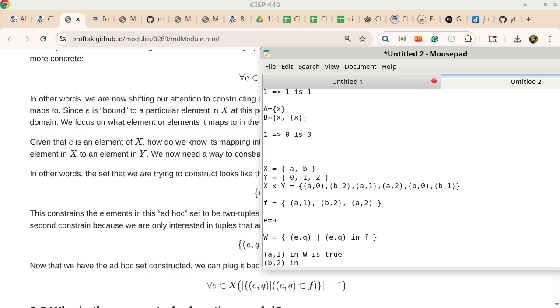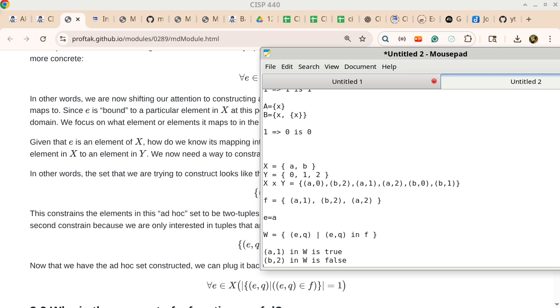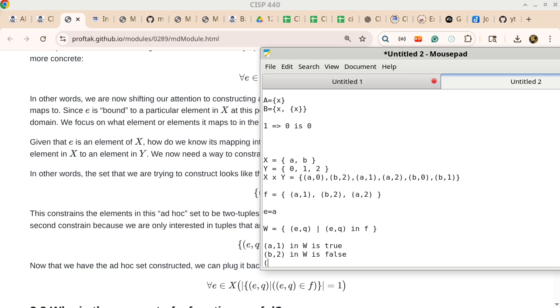And then we move on to the next element of F, which is B2. B2 in W is false. Why is it false? Because B is not even E, so it doesn't even meet the requirement of EQ. Okay, and then we move on to the last element, which is A2. So A2 in W is true because we have the constraint already that E equals A. This meets that requirement.